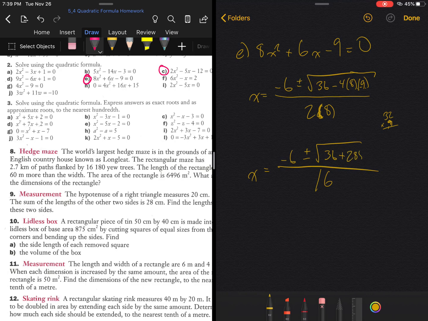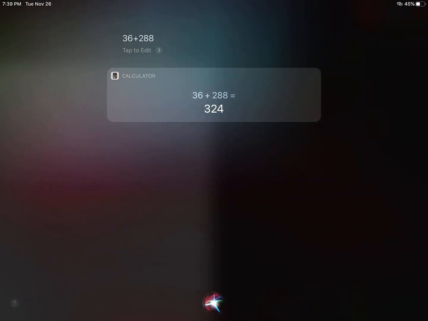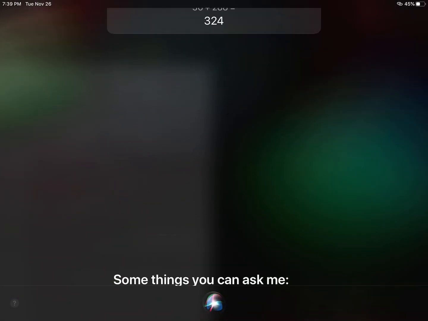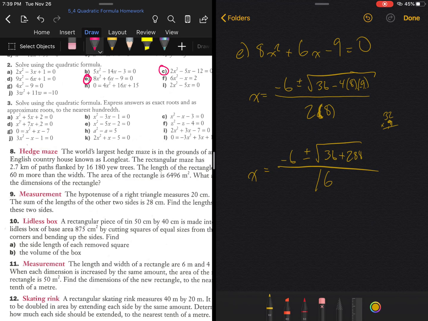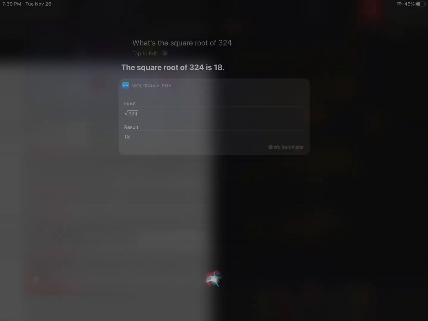By the way, that's a minus 9. I keep forgetting. So that becomes 36 plus 288, 324. Minus 6 plus or minus the square root of 324, all over 16.